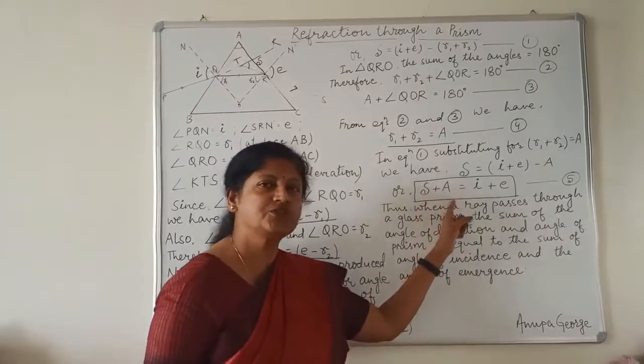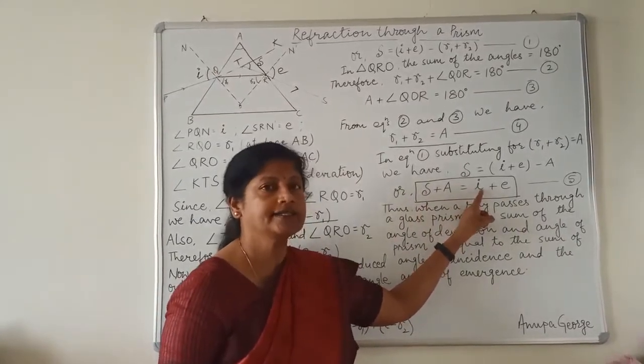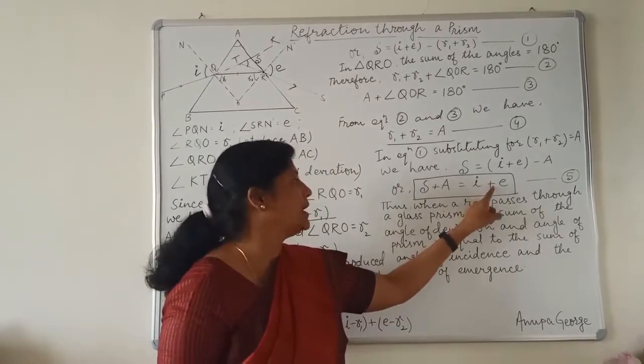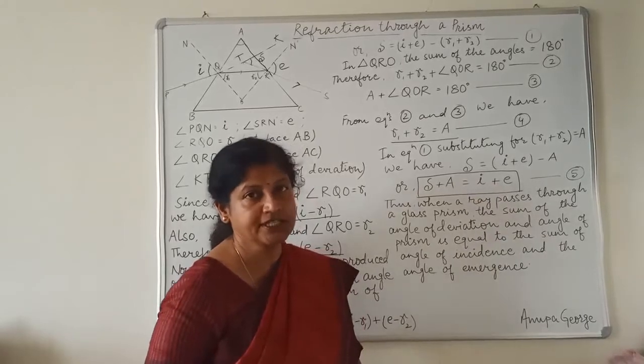The summation of these two is equal to I, the angle of incidence, plus E, the angle of emergence.